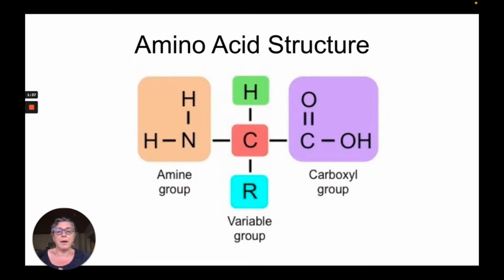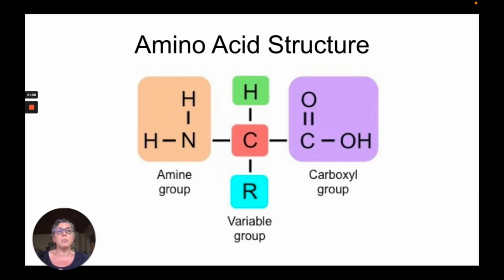So we talked about amino acids already, but let's go a little further into the structure. The amino acid structure is built around a central carbon. If you didn't know this from chemistry, a carbon is able to bond with 4 other elements all at the same time, so it can have up to 4 chemical bonds. In an amino acid, it has 4 single chemical bonds.